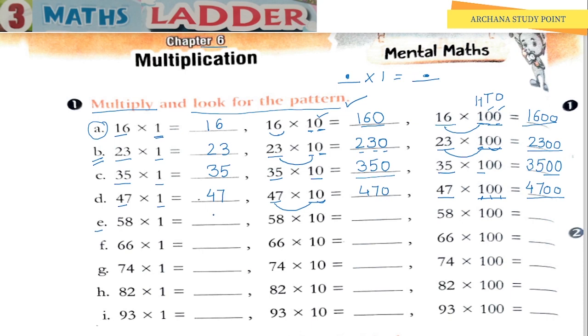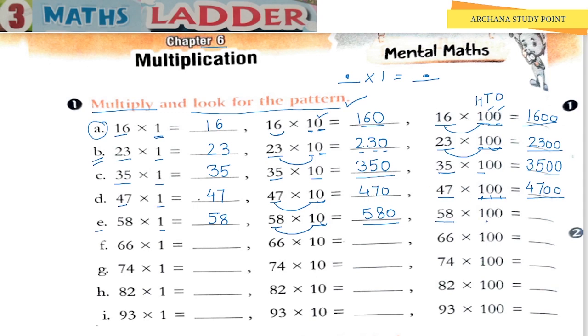The rule: any number multiplied with 1 will give me that number itself. So the answer is 58. Now 58 multiplied by 10. First of all, I'll multiply 58 with 1 which will give me 58. Then I'll put 1 zero towards the end which will make it 580.